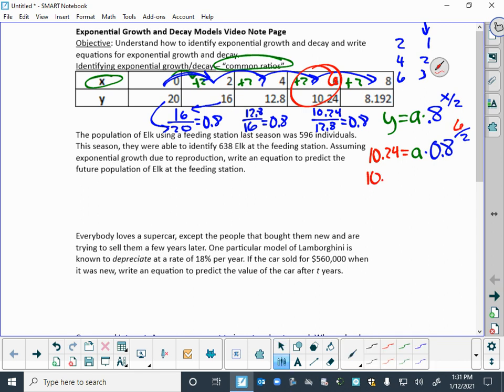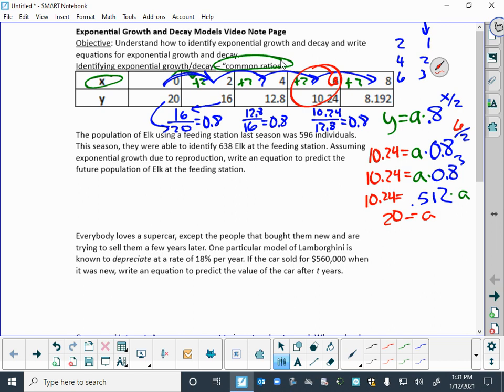So that says I should get 10.24 as a result of multiplying some number times 0.8 to the 3rd power. So I'll go to my calculator and figure out what 0.8 to the 3rd power is. That's 0.512. 0.512 times a, that's my variable, is equal to 10.24. So a little bit of division, 10.24 divided by 0.512 gives me 20.